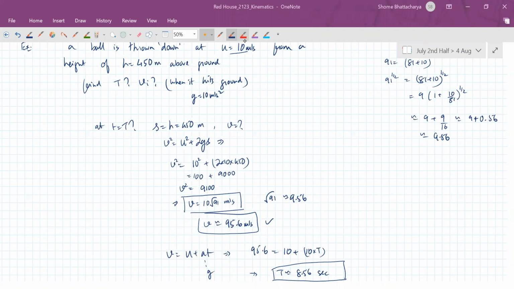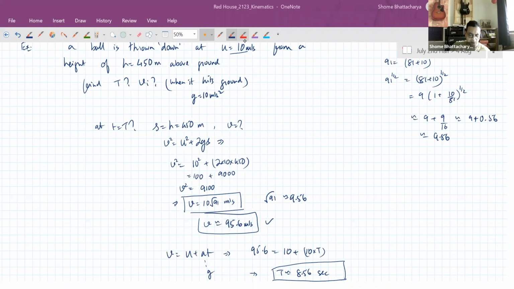Sir, can you explain the calculation of root 91? I'll explain. I used something called binomial approximation. I'll explain that also.